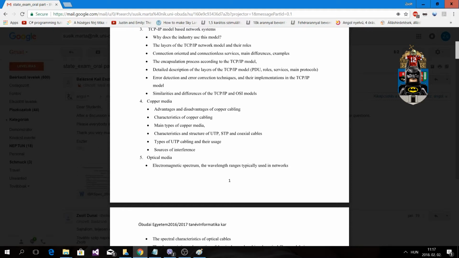They put two cables in opposite directions, therefore their two electromagnetic fields will cancel each other out, and therefore they cannot be interfered with. And the other one is the number of twists or wraps, because if we twist more, it will have better protection. And that's all about the fourth topic.